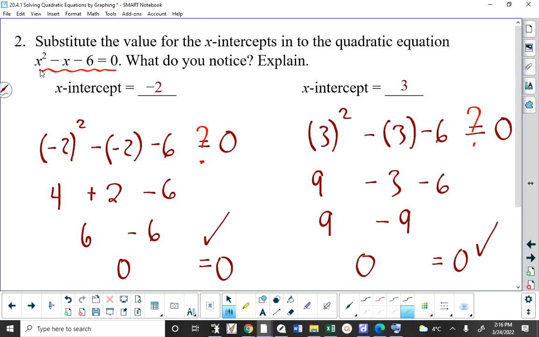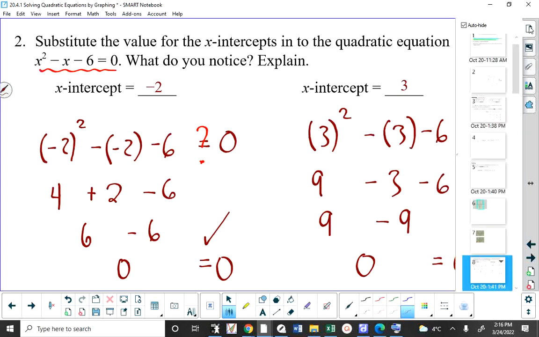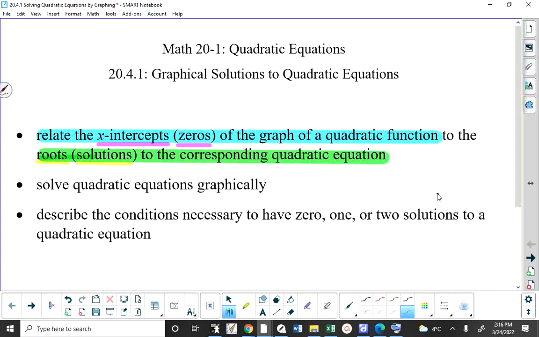So what we have learned, I want to go back to the beginning, which is actually at the top of your page, is the highlighted part says, today we have to learn how to relate the x-intercepts of a quadratic function, like y equals x squared minus x minus 6, to the solutions of the corresponding quadratic equation.